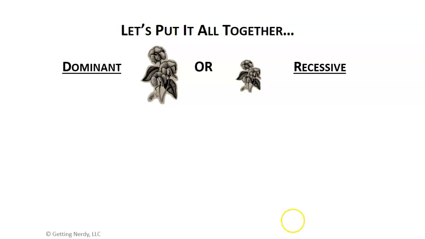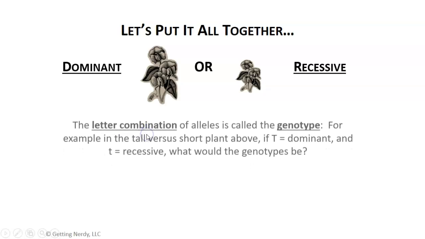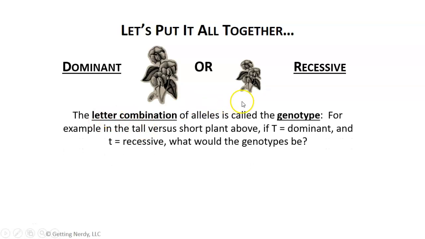Alright, so this one looks a little bit different than it does on your note-taking sheet. You're basically just going to fill in the blanks. The letter combination of alleles is called the genotype. For example, in the tall versus short plant above, if T is your dominant and a little t is your recessive, what would the genotypes be that would give you a dominant or a tall plant?